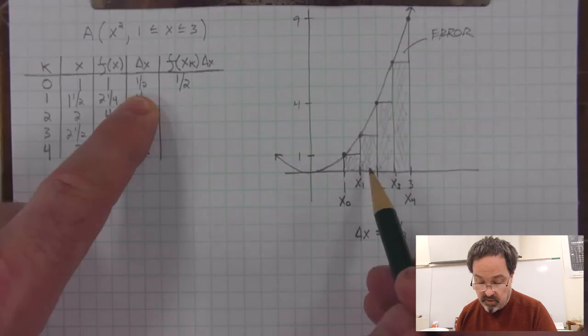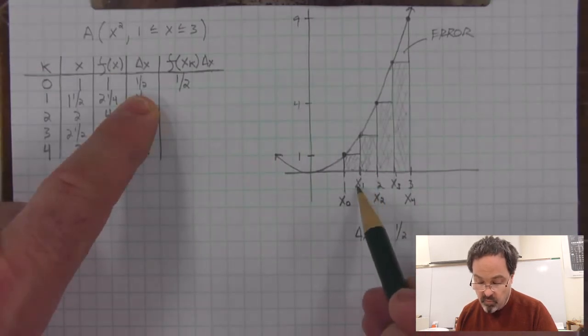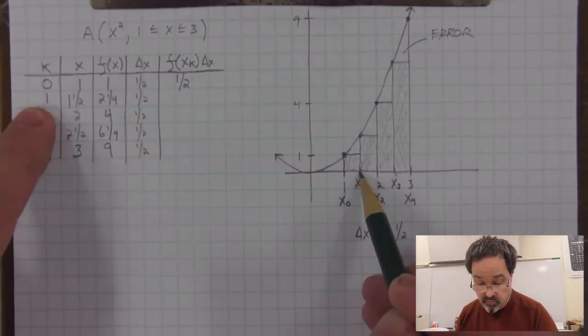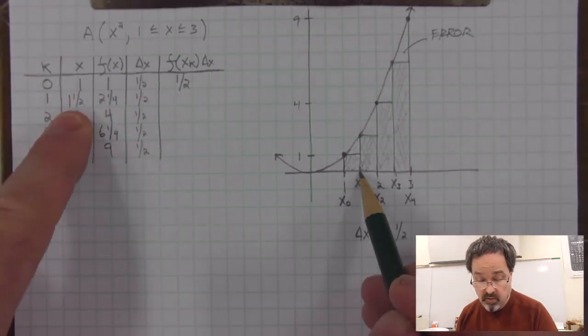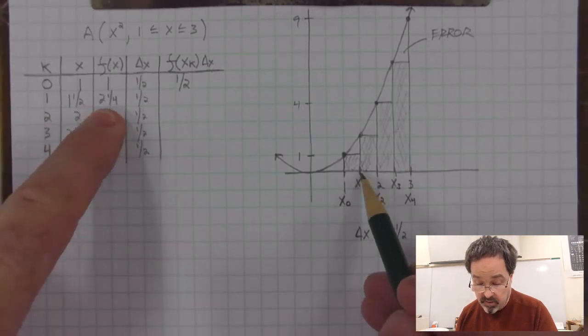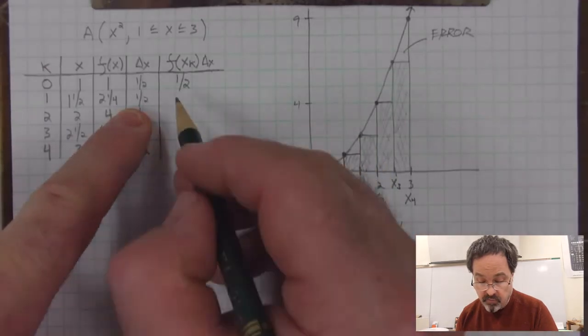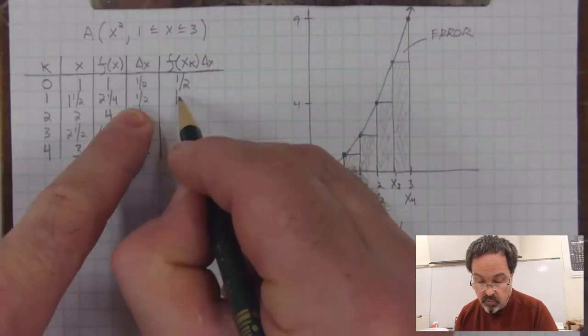The second rectangle is found by putting the x sub 1 value into my function. That's the k value of 1, which is a domain value of 1.5, which produces a function value or height of the rectangle of 2.25, multiply by the base of 1/2, and we get 1 1/8.